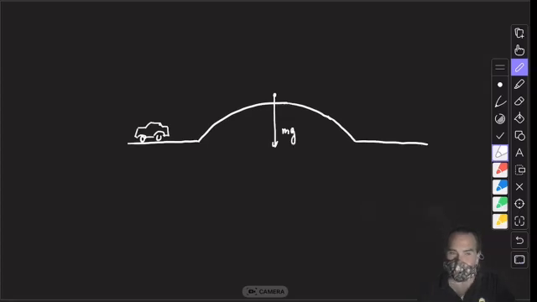Weight of the car doesn't change, which means that as we go faster, there's probably going to be less and less normal force. A lot of students really struggle with this, but keep in mind, your car has inertia, as do you. You want to travel in this straight line. Inertia wants to travel in a straight line unless acted on by some outside force. It's just nature.